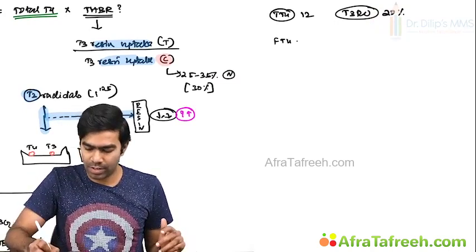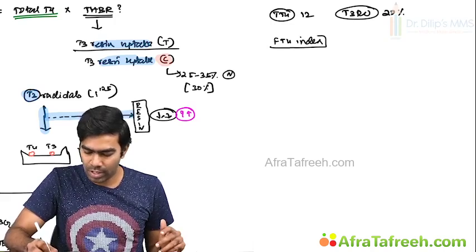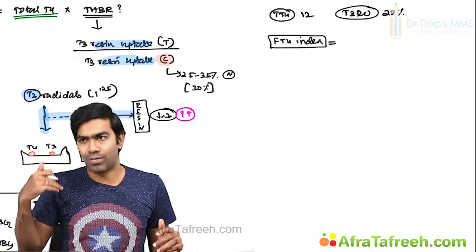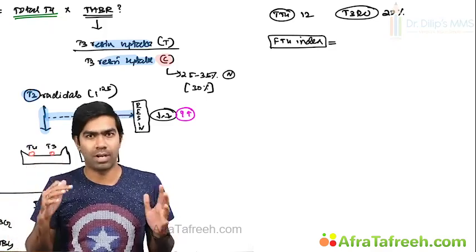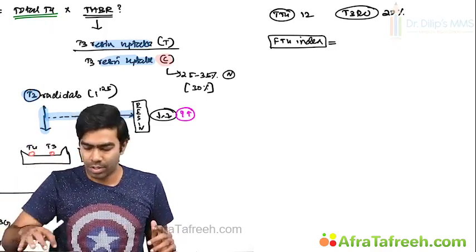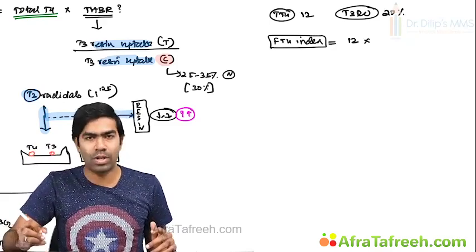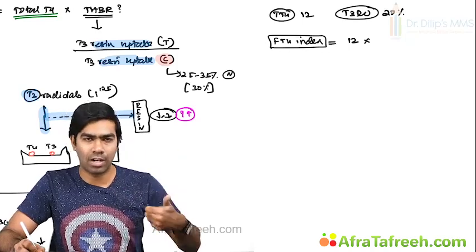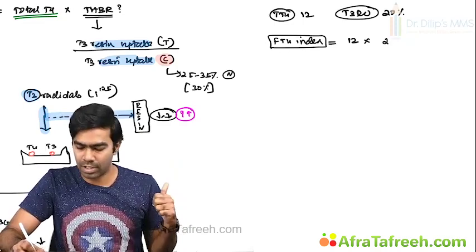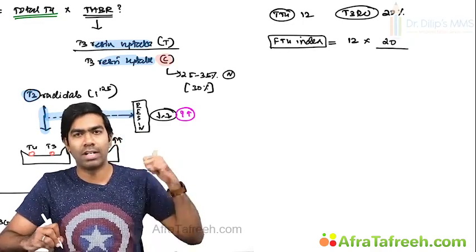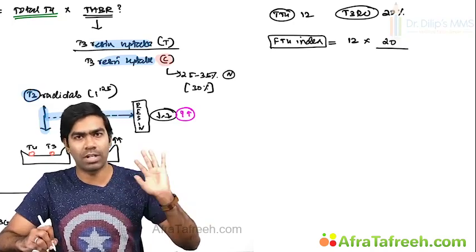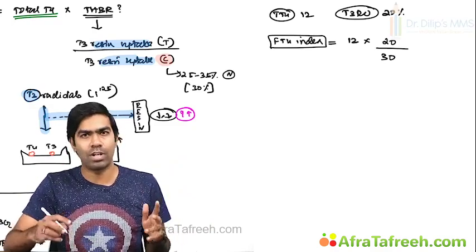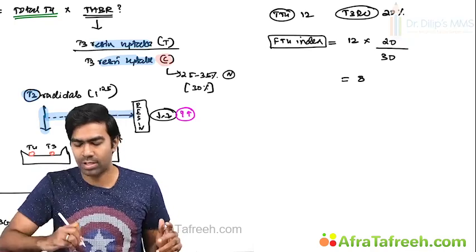I already told you that the free T4 index is nothing but your T4 corrected for the TBG. Here the total T4 is 12, multiplied by the T3 resin uptake in the test subject, the patient, which is 20%, divided by the T3 resin uptake in the control, the normal, which we take on average as 30%. So 12 into 2 by 3, you will get approximately 8.